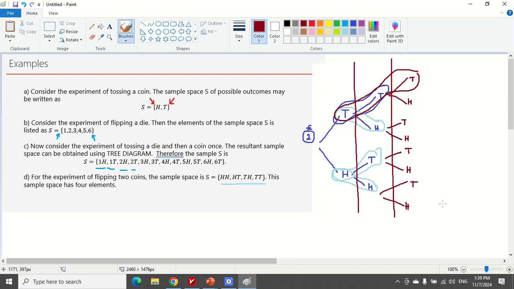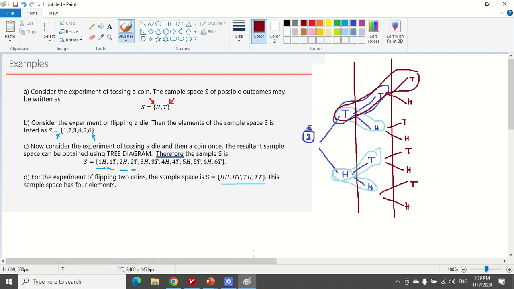We have 8 cases now. We can extend this tree diagram to 4 tosses or 5 tosses and so on. And as you can see, it follows this formula: if the number of tosses is n, then 2 to the power of n determines the number of possible outcomes.